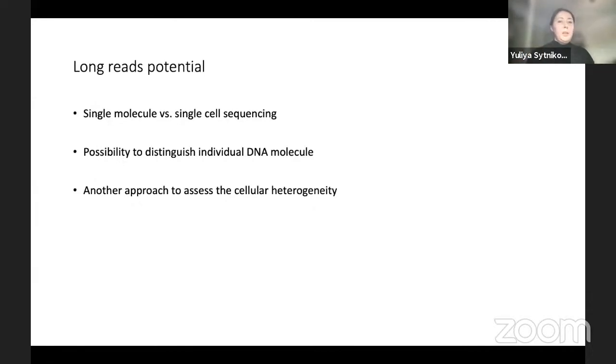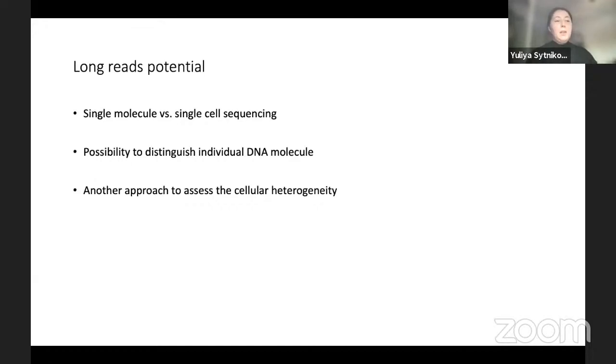So instead of multiple short reads that you get from Illumina, you get one long read, and you could trace all different modifications or all different chromatin states across this long molecule.